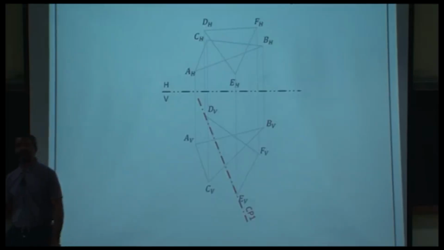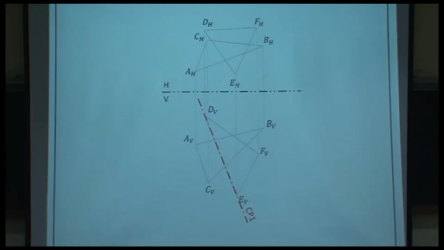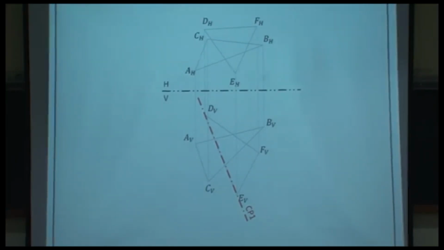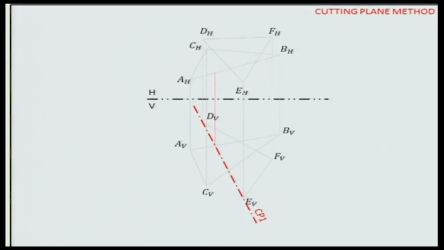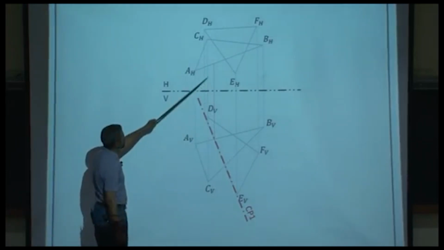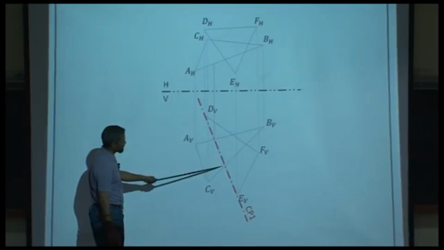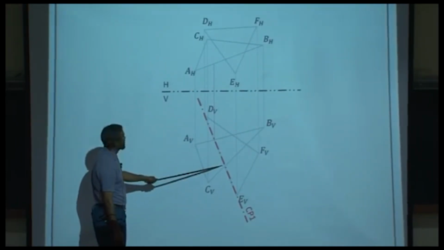Okay, so between an imaginary cutting plane and the plane ABC, what do you expect? Do you expect a line of intersection or a point of intersection? Line, right? Project this point up, so this point will be lying on AB. Project this point up, it lies on AB. This point, it lies on BC.